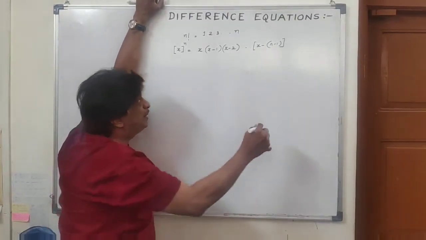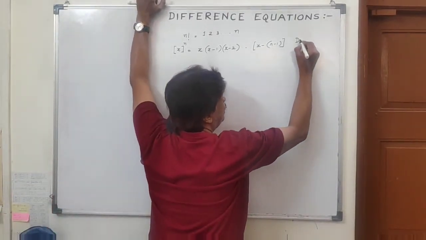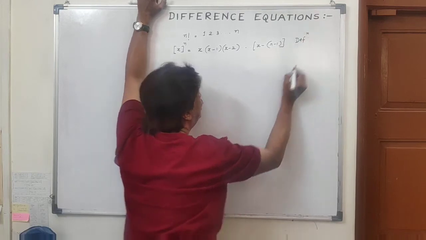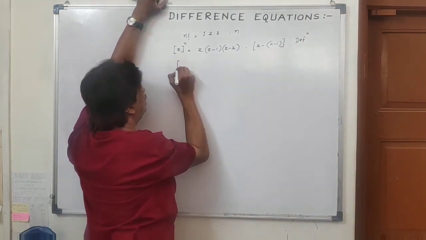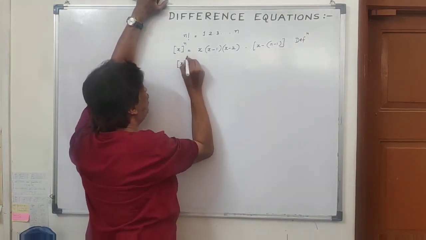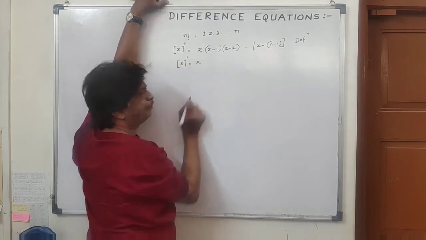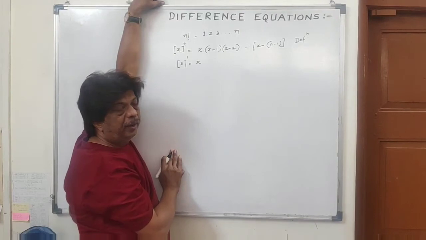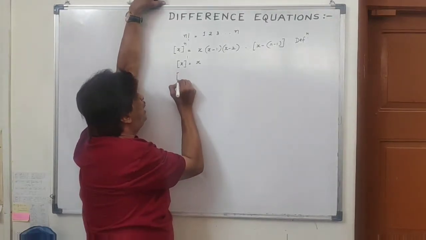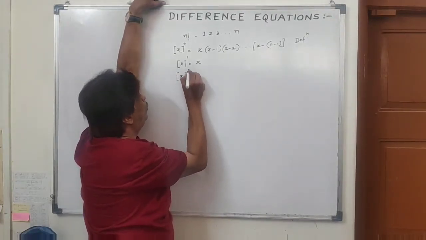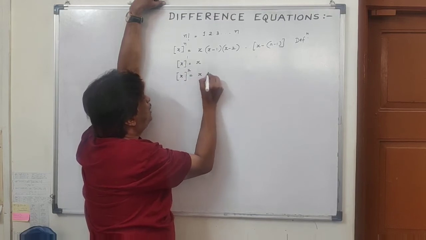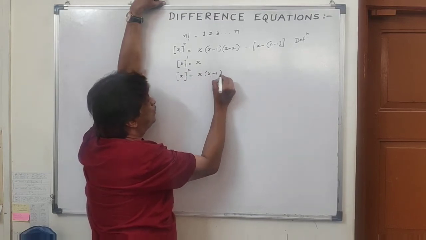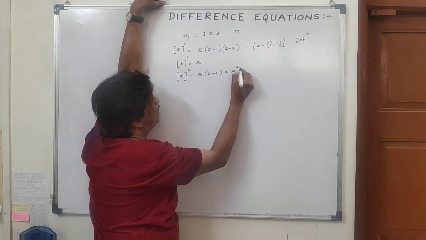In view of this fundamental definition, the factorial of x raised to power 1 would be simply x. Factorial x square would be equal to x into x minus 1, that is x square minus x.